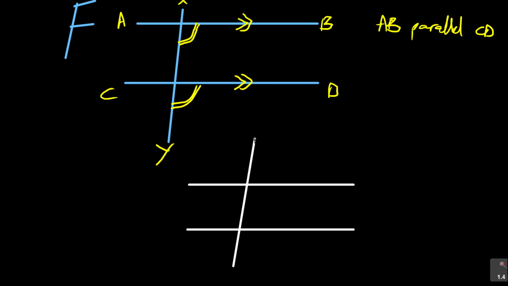My F is this version that is facing this direction, and that facing that direction. You see that it's an F that is inverted. We can also look for corresponding angles. So which one is the corresponding angle? That angle is equal to that angle. You see that? That is corresponding.